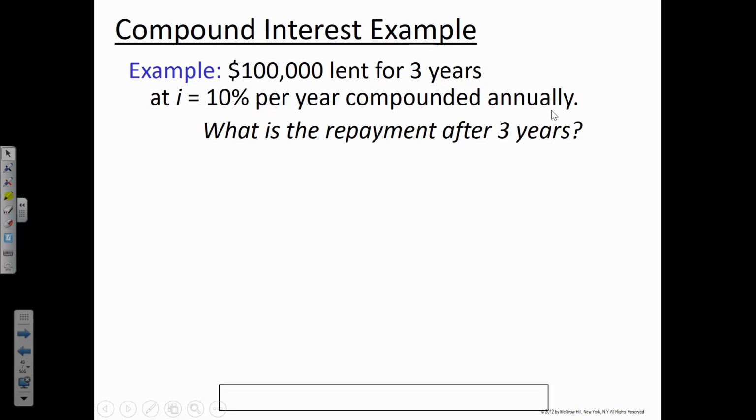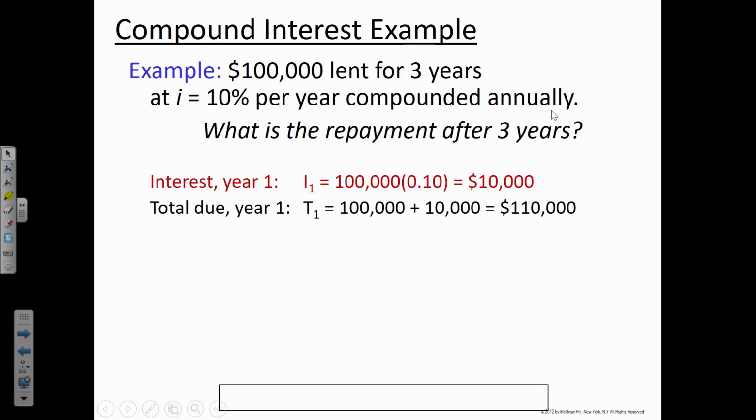So that means at the end of every annual period, we're going to do kind of like a reckoning, or sit down, do the books, find out what's the total amount due. So at the end of the first year, we see the interest amount is based on the original principal of $100,000, so the interest amount is $10,000, so the total amount is the principal plus interest from that period, $110,000.